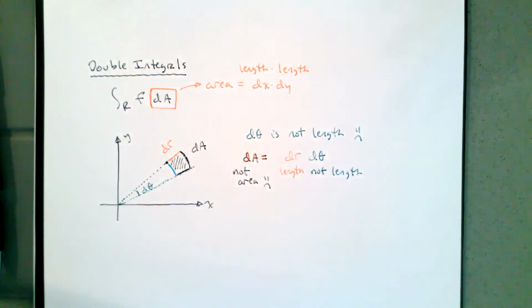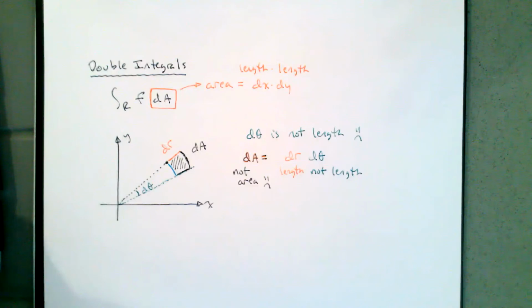But we can't just set it up as dr d theta because dr is length and d theta is not. We'd only have length. We'd only have meters to the first. We wouldn't have meters squared. So what we have to do is somehow make the d theta into a length. And we're going to do that with the arc length.